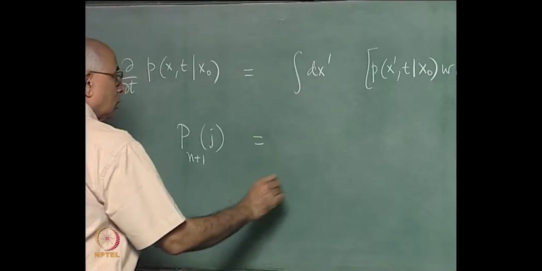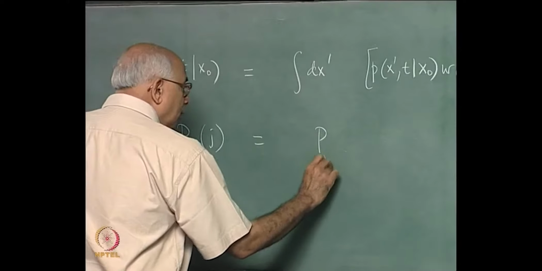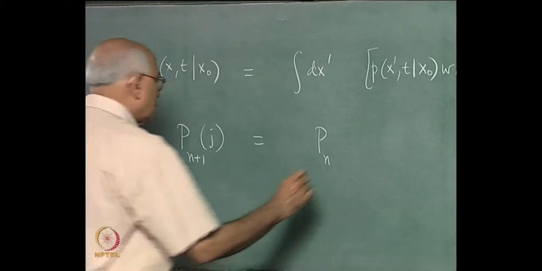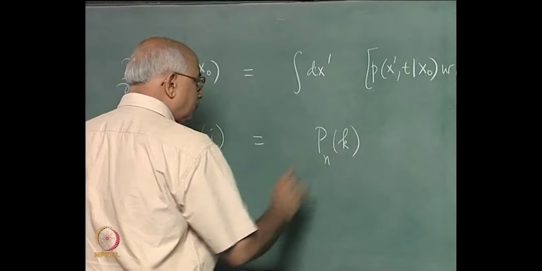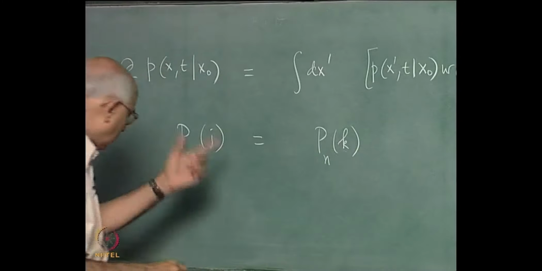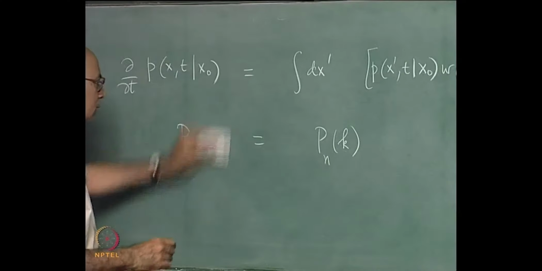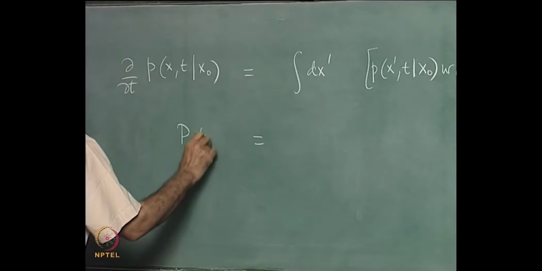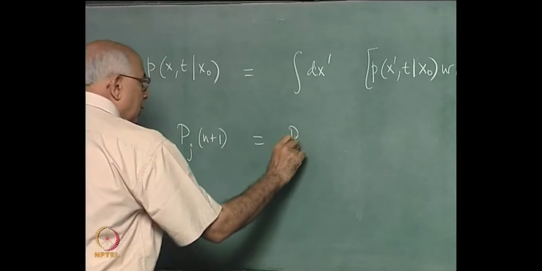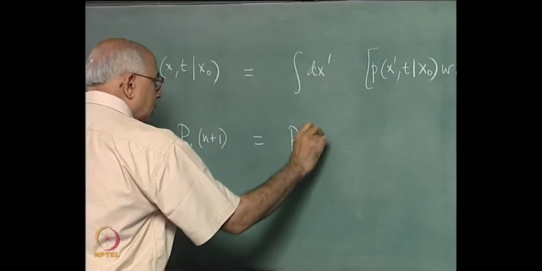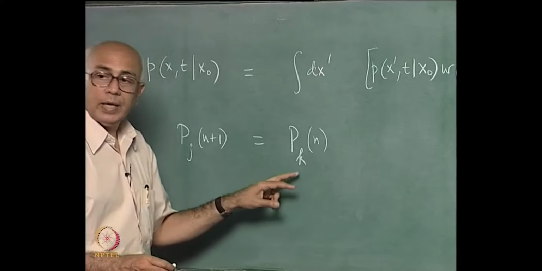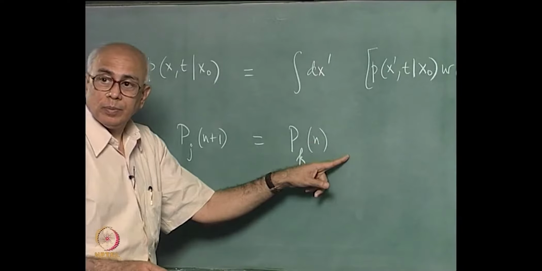This is equal to the probability that at time n the system has reached some state k, for example. In this case let us put the time index inside because we are going to write this as a matrix equation. So p j at time n plus 1 is p k at time n multiplied by the transition rate of making jumps from the state k to the state j per unit time.